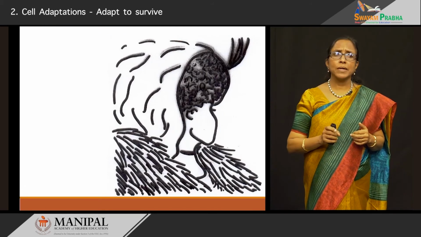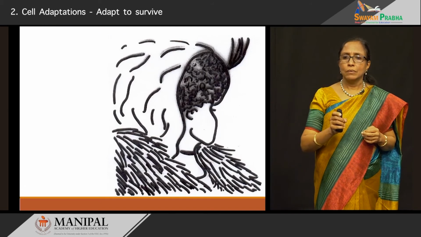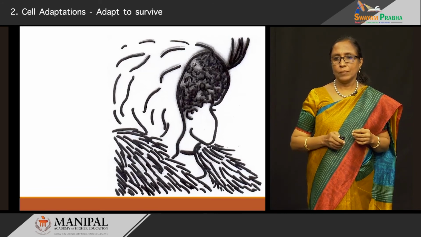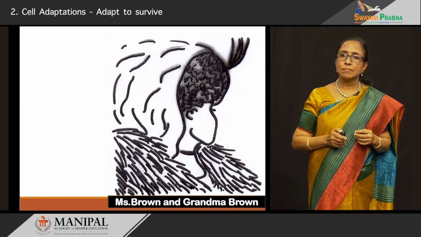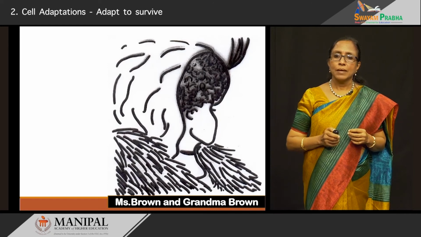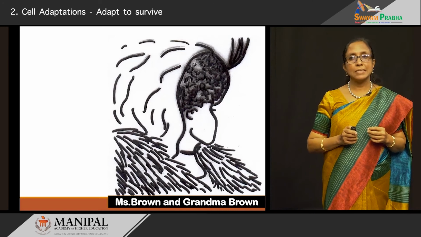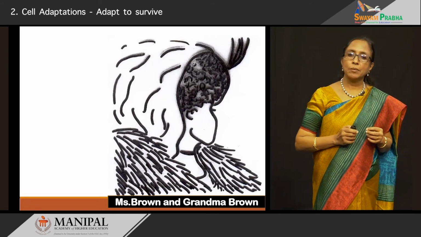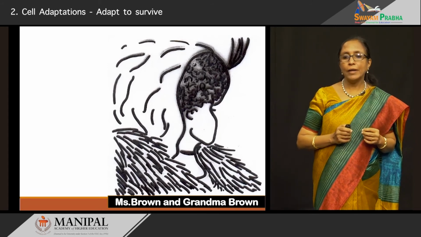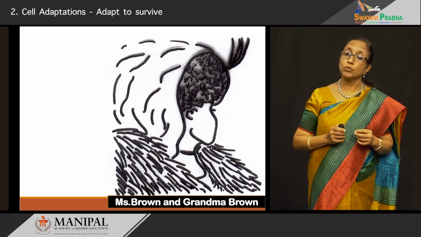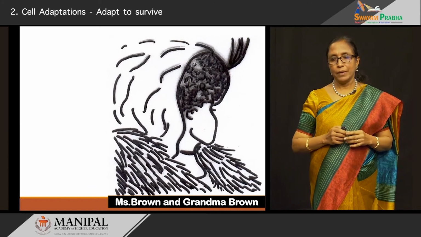I would like you to spend a little while looking at this picture. This is actually Miss Brown, an 18-year-old young and beautiful Miss Brown, and also Grandma Brown, maybe 80 years old, who is also there in the picture.